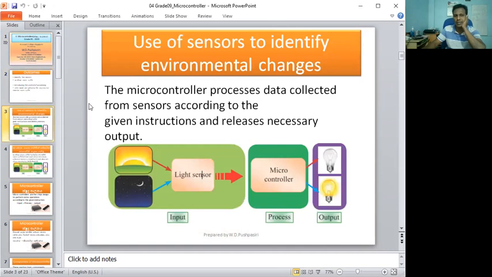Let's go to this one, use of sensors to identify environmental changes. So you can write down this and draw this sketch also.